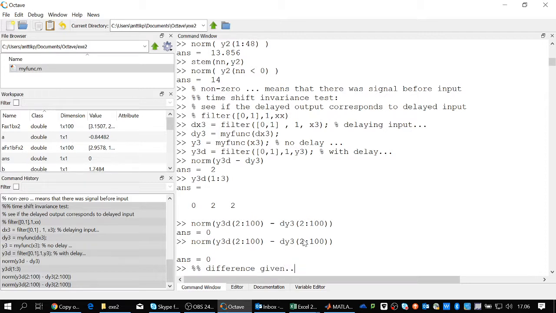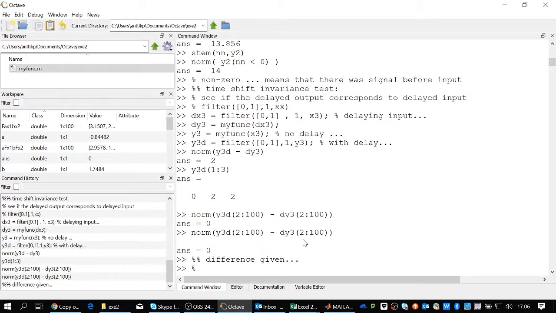If the difference equation is given, y of n equals, for example, x of n plus 1.5 times x of n minus 1 plus 0.4 times x of n minus 2, just to make it interesting.